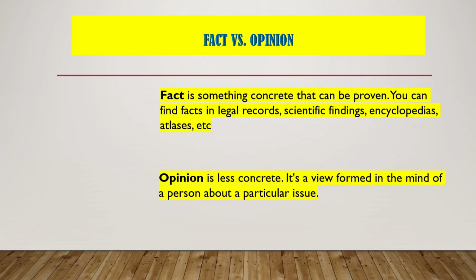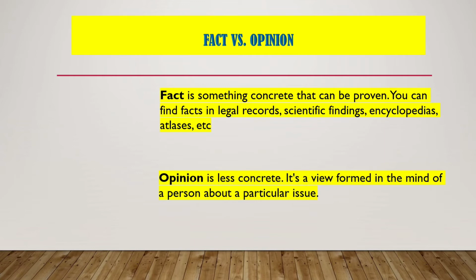Also, note in the examples below how facts are the same for everybody, but opinion can differ quite widely. Let me give you an example. Maria can have the opinion that Italian food tastes best, while Joe has the opinion that French food is ideal.